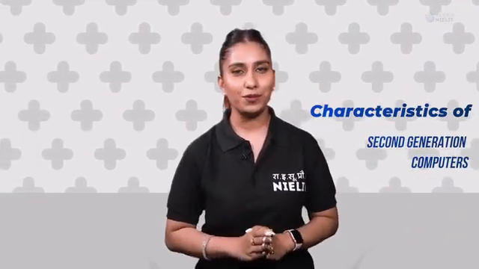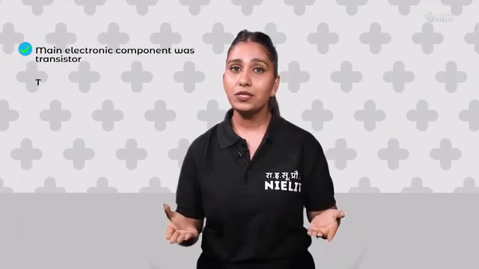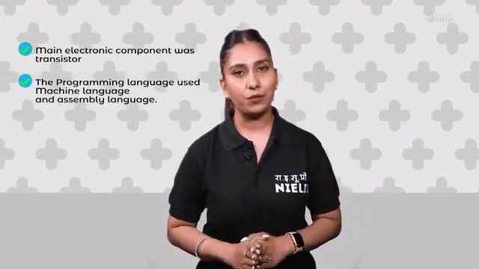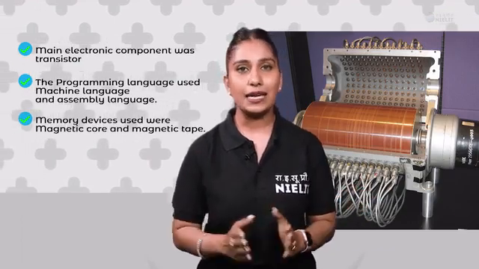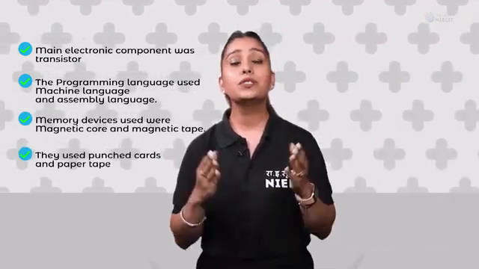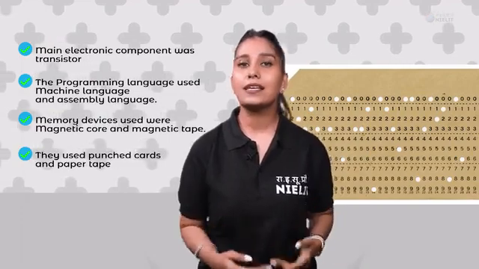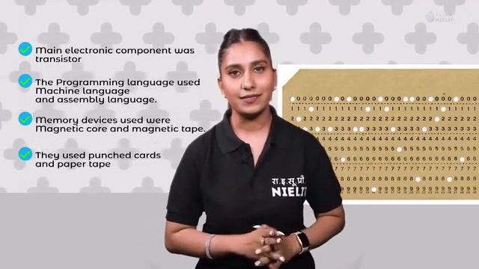Now let's discuss the characteristics of second generation computers. Their main electronic component was the transistor. The programming language used was machine language and assembly language. Memory devices used were magnetic core and magnetic tape or disk. They used punched card as input device and paper tape as output device.